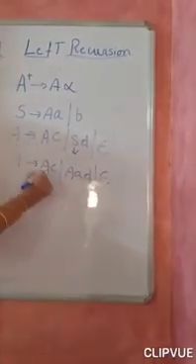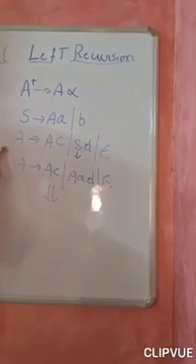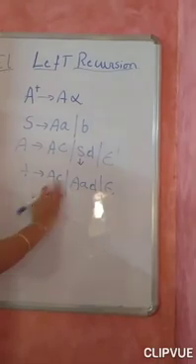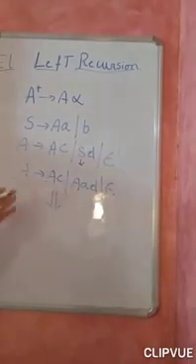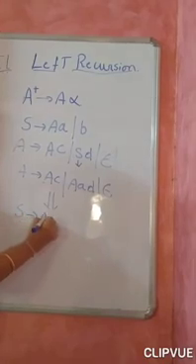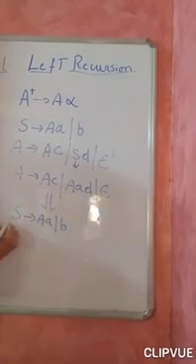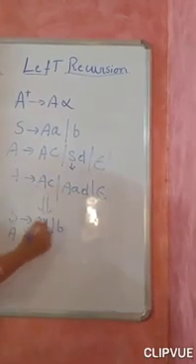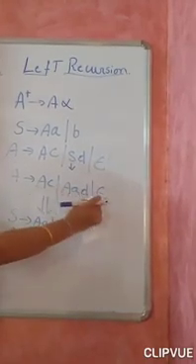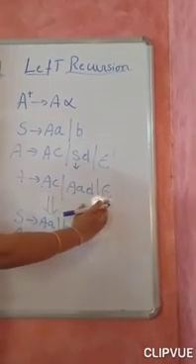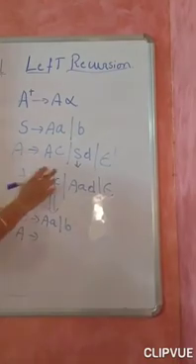Therefore, now I will convert this grammar into a grammar where there is no left recursion. So S determines A a. Here there is no left recursion, and here A determines A c. That is it, there is a left recursion, so it is nothing but beta. What is the beta here? Beta is nothing but the one more production you have.